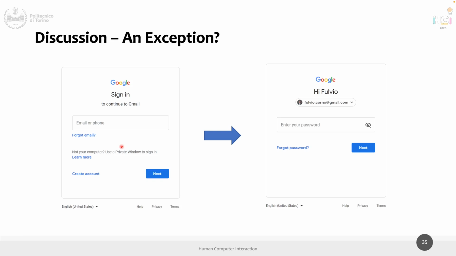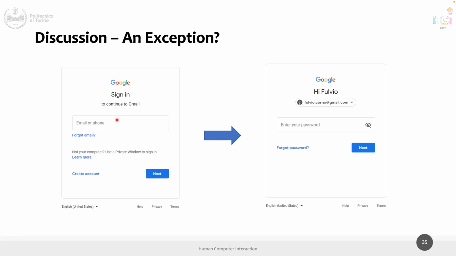If you have a work email, then it will be redirected to another page. Because this page is used to understand if you want to log in to Gmail or you want to log in to Google for working at your work company.